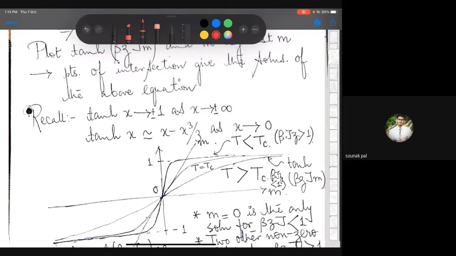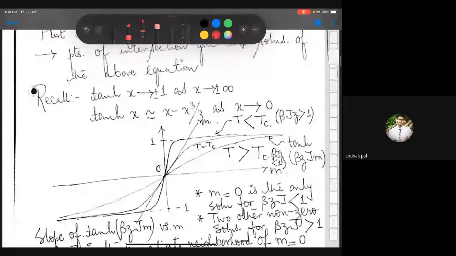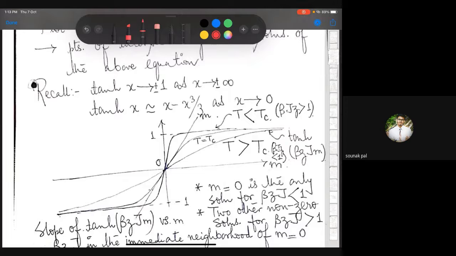Okay. So how do you solve this equation? What you do is that you plot the left hand side as a function of m, you plot the right hand side as a function of m. So m as a function of m will give you this straight line. This is m as a function of m.